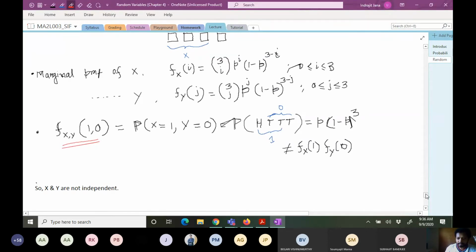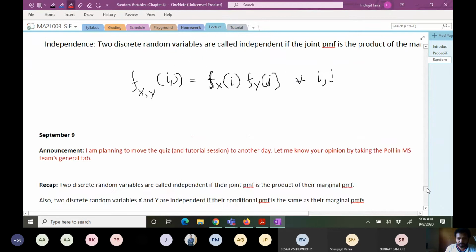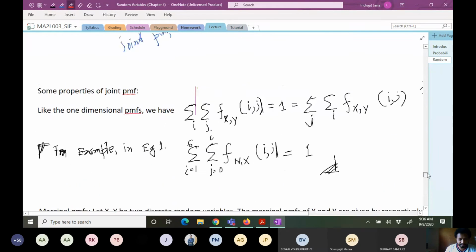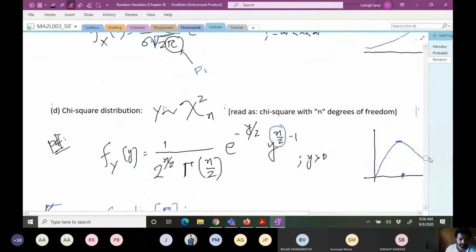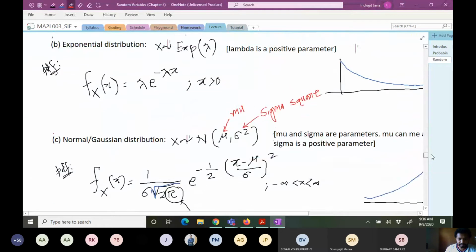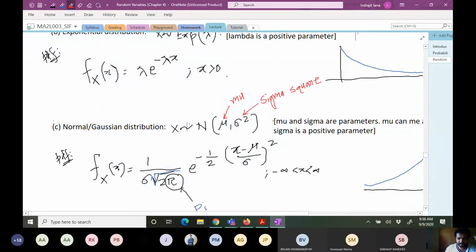But in a continuous random variable, say x is continuous here, f_X(x) is lambda e to the power negative lambda x. If I take x is equal to 1, then you get lambda e to the power negative lambda. That is not the probability of x is equal to 1. That is the likelihood of x is equal to 1. Because in a continuous random variable, the probability of getting any particular value is actually 0.